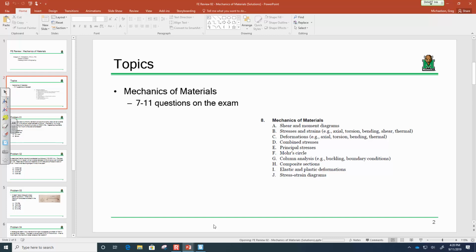What I'm focused on are the things that are unique to Engineering 216. So I'm talking about axial stresses and deformations. I'm talking about torsion. I'm talking about Mohr's circle. Buckling. Even though buckling shows up in steel design, I do want to give it its time in the sun. And things like radius of gyration, things like that.